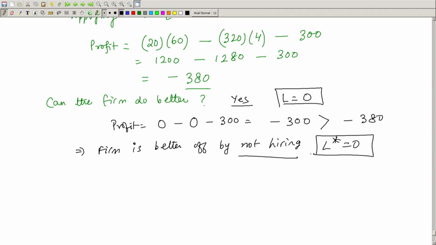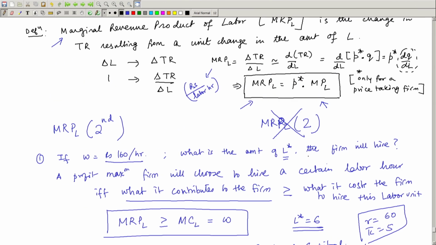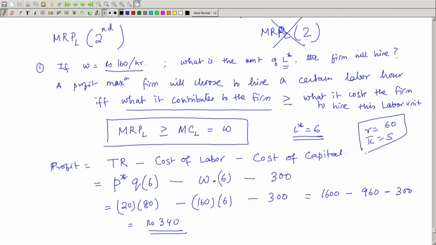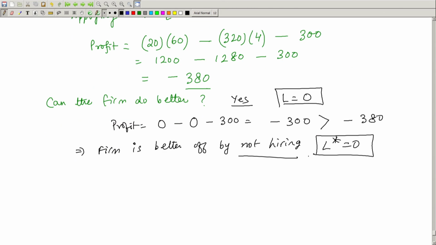So, we need to be a little bit careful when we use formulas. In the first example, the formula of marginal revenue product of labor equal to the marginal cost of labor gave me a correct answer, but when I use the same formula here, it no longer works. So, MRPL greater than or equal to the marginal cost of labor equal to W does not work here.